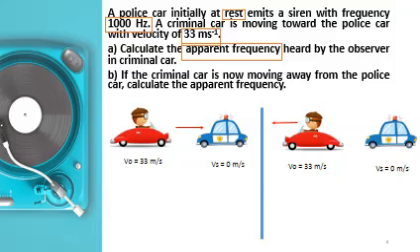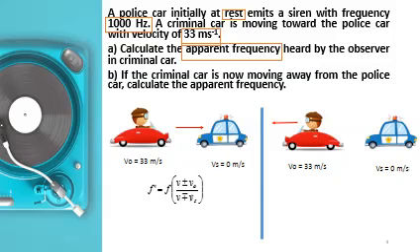And the police car is at rest. So when the police car is at rest, it means the source is now at 0 meters per second. The source is not moving, it's static. But the criminal car is moving towards the police car.